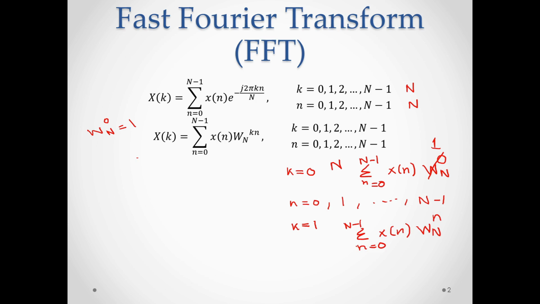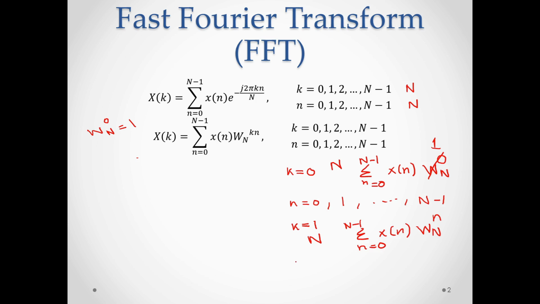As small n keeps on changing, 0, 1, 2, it will keep on varying until we get to N minus 1. So to get the value when k is equal to 1, we need to perform capital N complex multiplications. A similar technique would keep on happening.